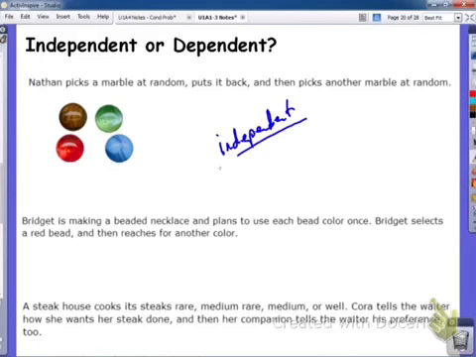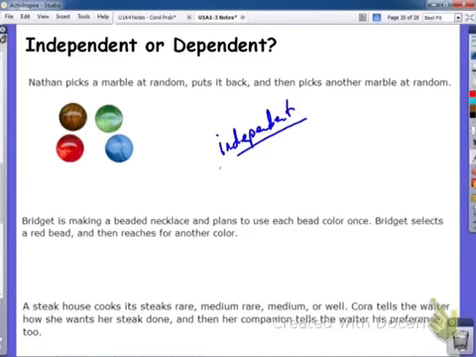Bridget is making a beaded necklace and plans to use each bead color once. Bridget selects a red bead, then reaches for another color. Let's suppose the marbles in the previous example are our beads. She selects a red bead and puts that on her necklace.